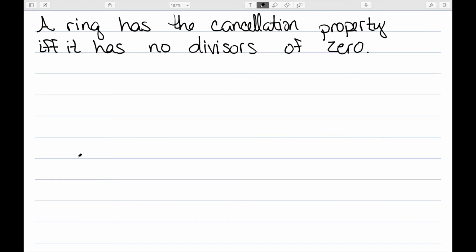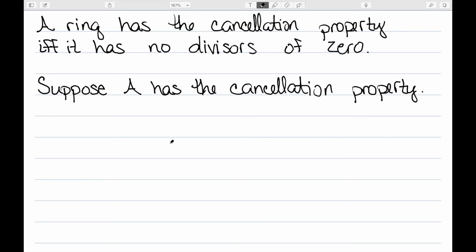So we have a theorem that says a ring has the cancellation property if and only if it has no divisors of 0. So let's look at proving this. Let's suppose that A has the cancellation property. We then need to prove it has no divisors of 0. We start by assuming AB is equal to 0. We need to show that neither A nor B is equal to 0.